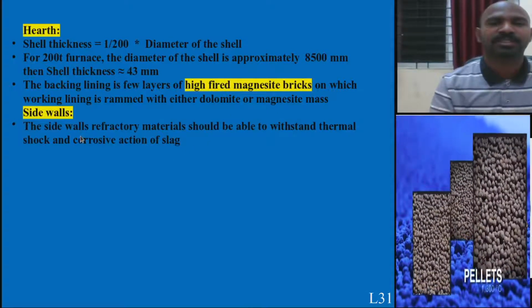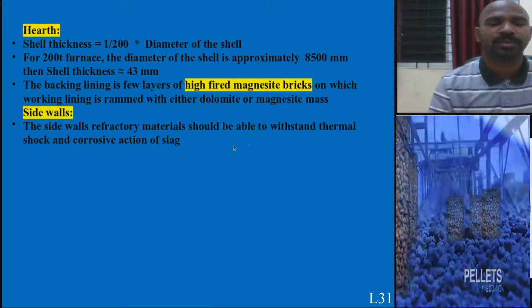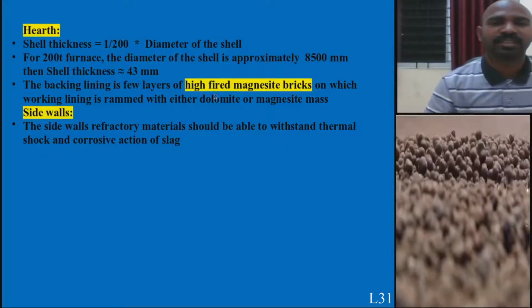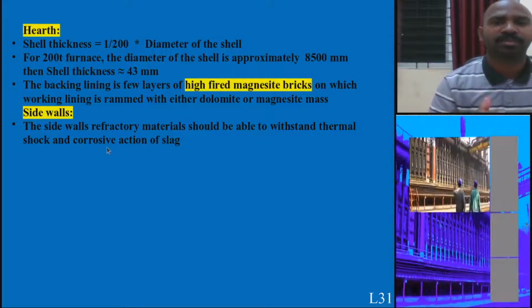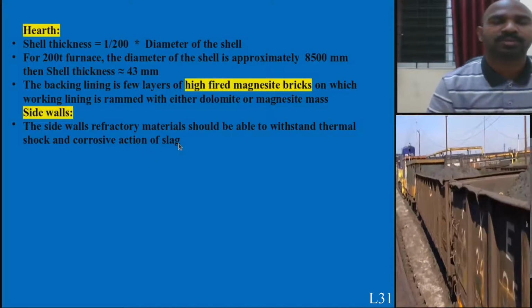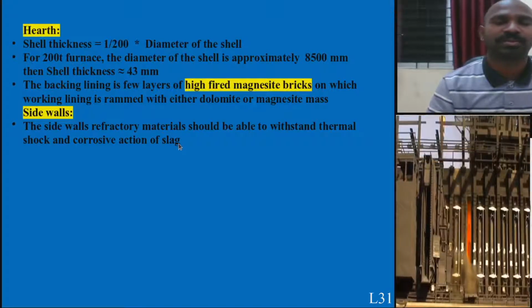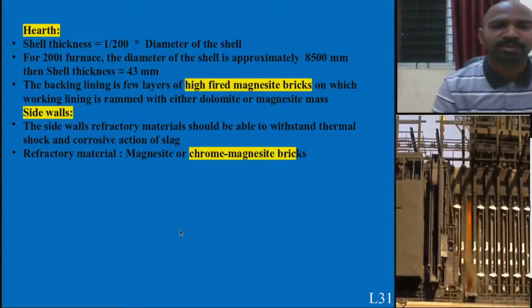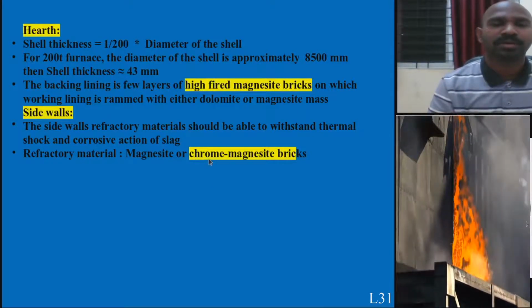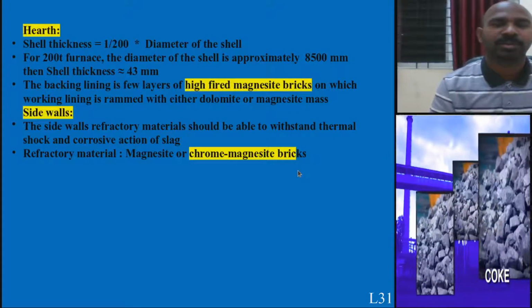Side walls: the side wall refractory material should withstand thermal shock, sudden rise and sudden fall in temperature, and the corrosion action of the slag. There will be acidic slag and basic slag formation, and it should be able to protect against that. The refractory material in practice for constructing the side walls is chrome magnesite bricks.